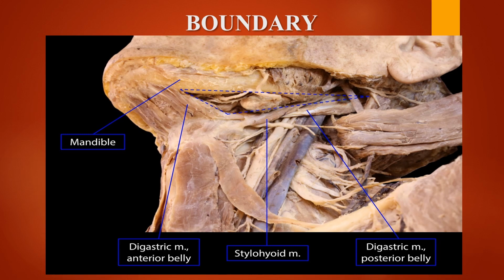So this submandibular triangle or the digastric triangle, we know above it is bounded by the base of the mandible and an imaginary line from the angle of the mandible to the mastoid process. Antero-inferiorly bounded by the anterior belly of digastric, postero-inferiorly bounded by the posterior belly of digastric and the stylohyoid muscle. This is going to be the boundary.